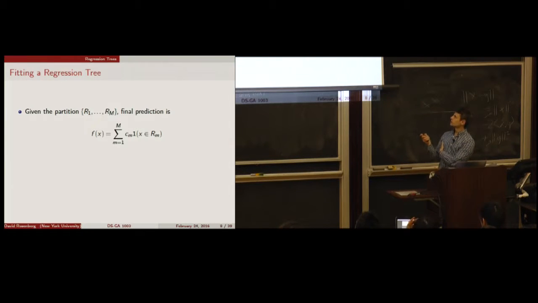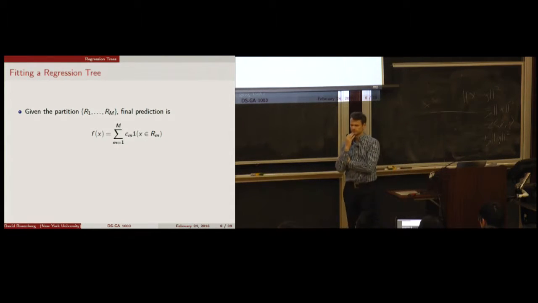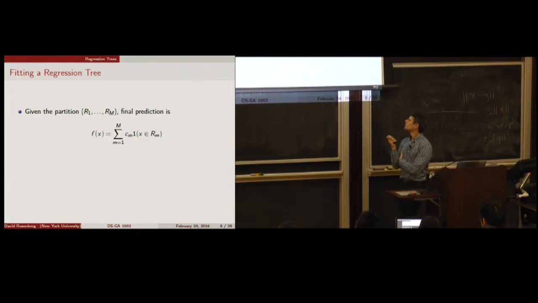So when we sum over these functions, it will only be 1 for a single m, and the rest will be 0. And then the value of f of x will be just c sub m, where m is corresponding to the region that x was in. Is that clear? How would you describe a particular region R_m? How could you write that down? What's its shape?